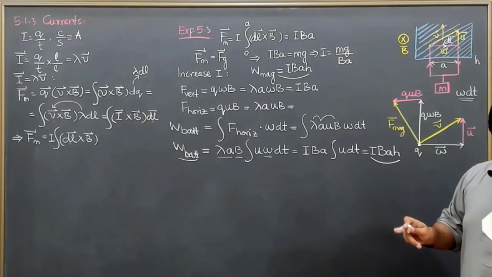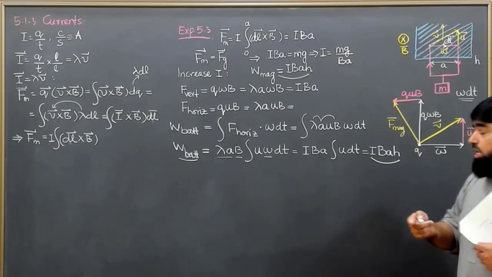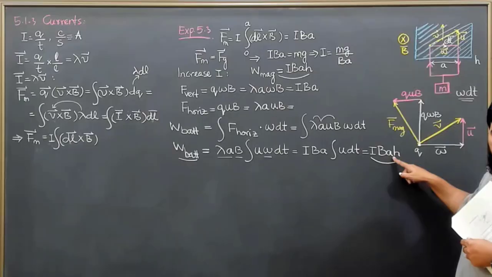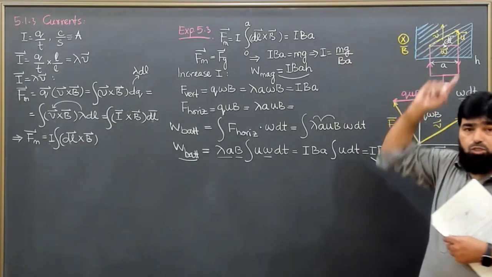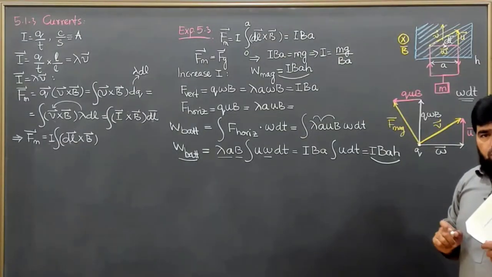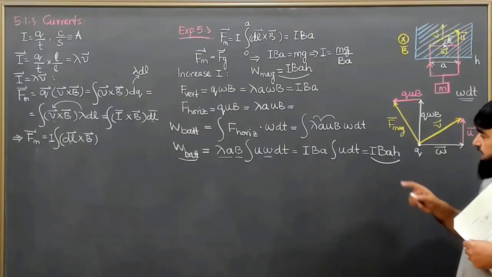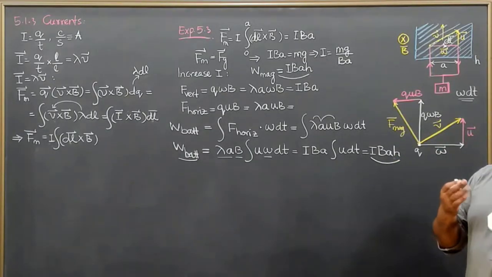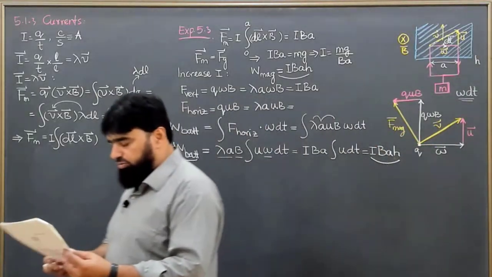Who increased the current? The source increased the current, and the battery says that I have done this much work. And this is the total work done in lifting this loop up. So it means that the magnetic force doesn't work.